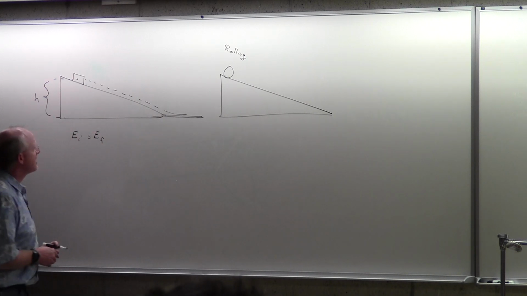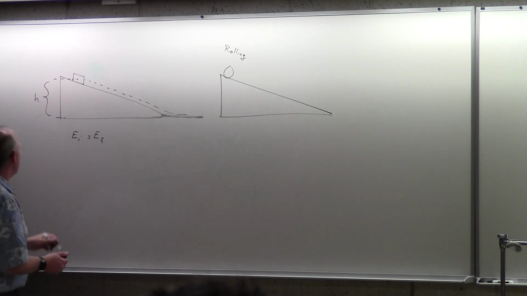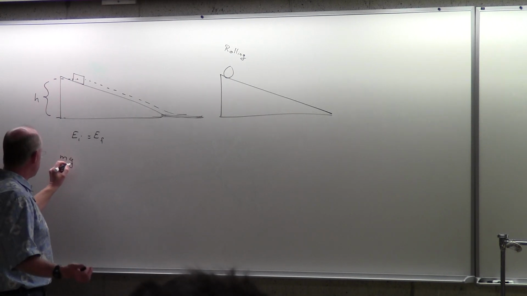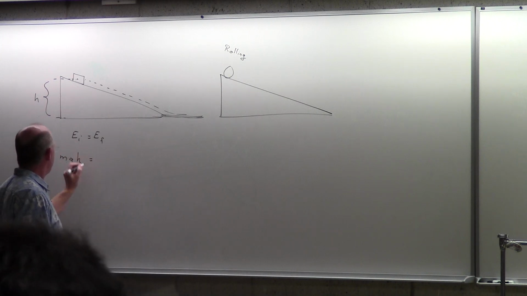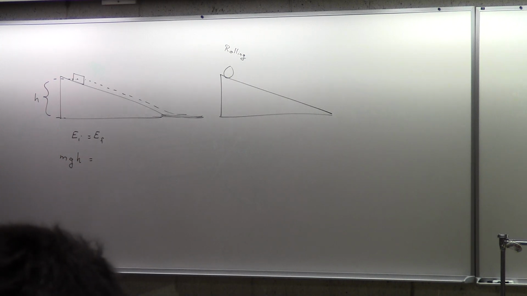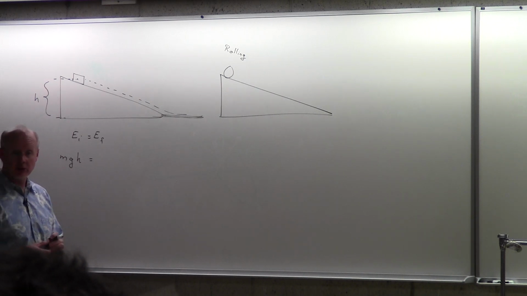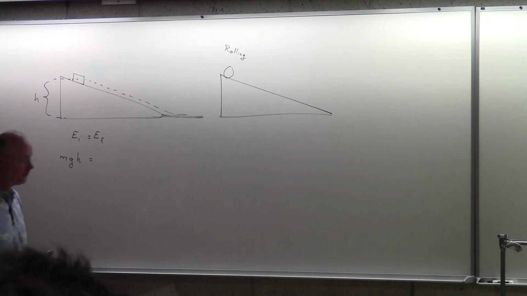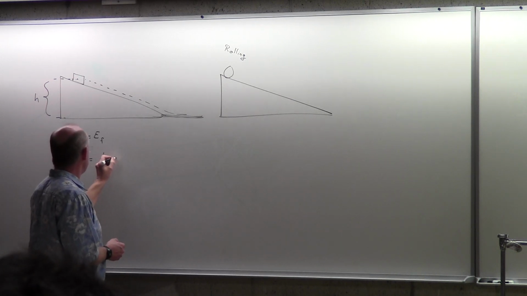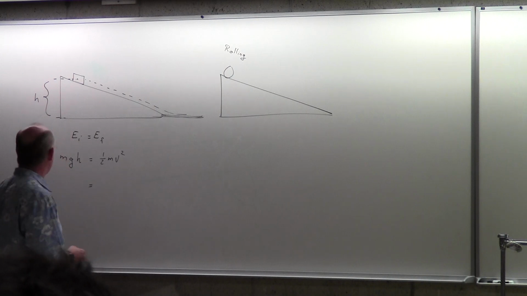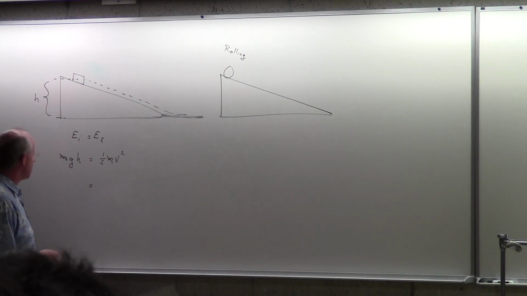If we start from rest, then it has only potential energy, mgh. And then, as it goes down the hill, it no longer has h, but it has kinetic energy, 1/2 mv squared. And so one of the simplest calculations would be just to get the speed at the bottom of the hill by saying it's the square root of 2gh.